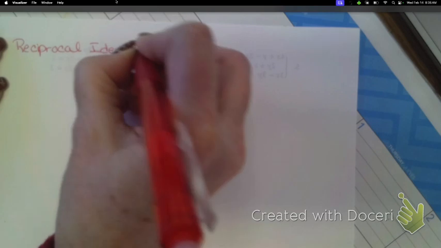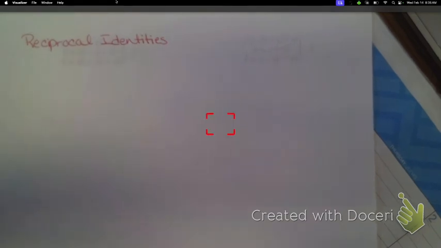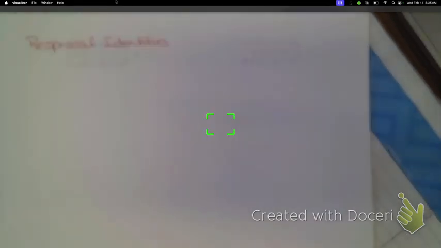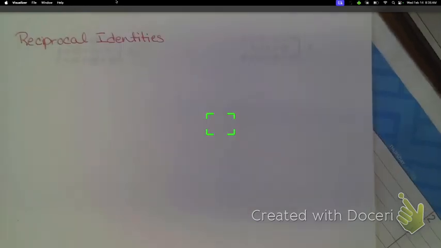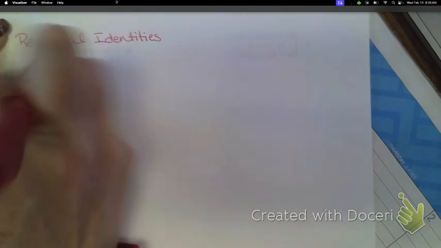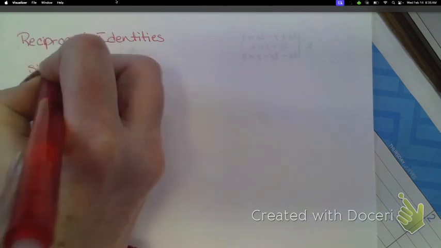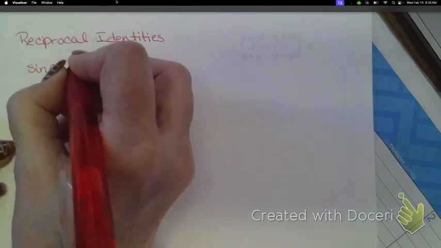Okay, how do you want to start? Do you want to start with secant, cosecant, and cotangent, or with sine, cosine, and tangent? Sine, cosine, tangent. Okay. So sine of theta is equal to 1 over what function?